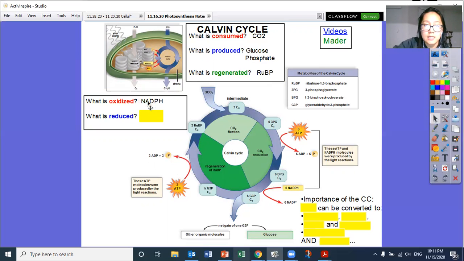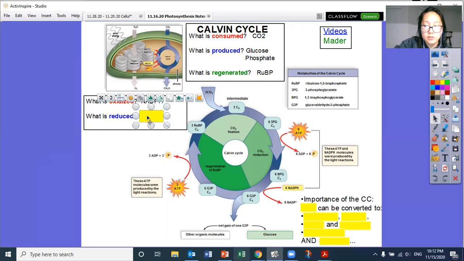So what is getting oxidized here is the NADPH. The electrons are taken away from the NADPH and added to the carbon molecule intermediate to make G3P. NADP plus was originally reduced in photosystem 1, but now it's being oxidized again. So the NADP plus goes back to photosystem 1 and does its job again, carrying back and forth, back and forth.